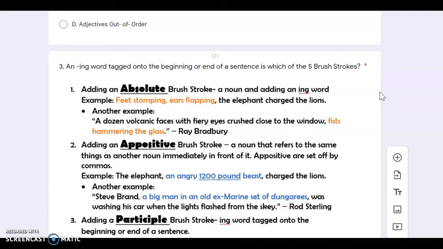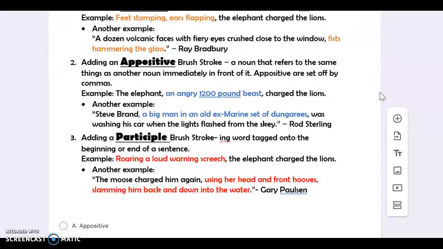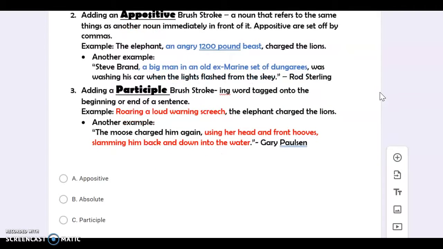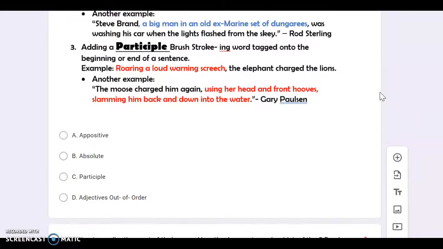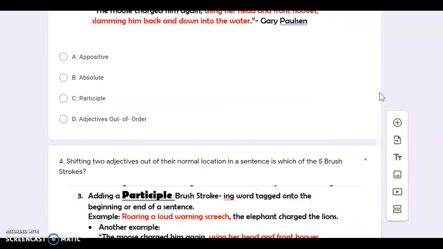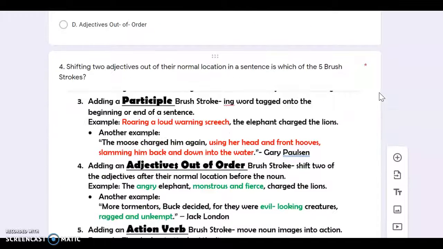Number 3, an ing word tagged onto the beginning or end of a sentence is which of the 5 brushstrokes? A, appositive, B, absolute, C, participle, or D, adjectives out of order? Number 4, shifting 2 adjectives out of their normal location in a sentence is which one of the 5 brushstrokes?